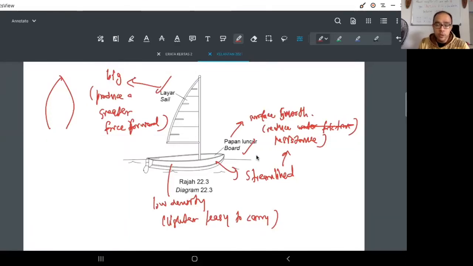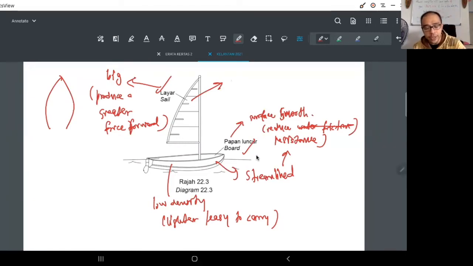Besides that, you can also talk about, and this one now, for the life of me, I cannot really remember it. The material of the sail is also very important because you don't want it to be made of paper, because paper will koyak lah kan. Kita mau mengelakkannya daripada koyak. But I cannot remember what is the material for sail. Over here it doesn't really tell me as well.